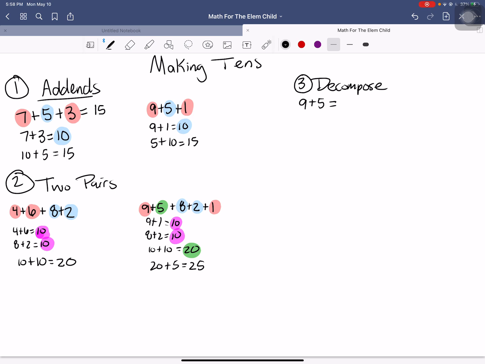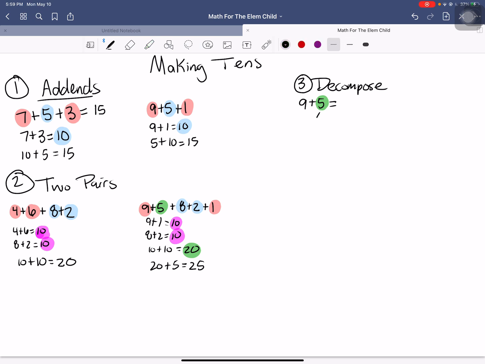So we can do 5 and 4, which would break down the 9, or we could do 4 and 1, or we can do 3 and 2. But for decomposing, you want to make sure you just manipulate one number. That would be the easiest to remember.